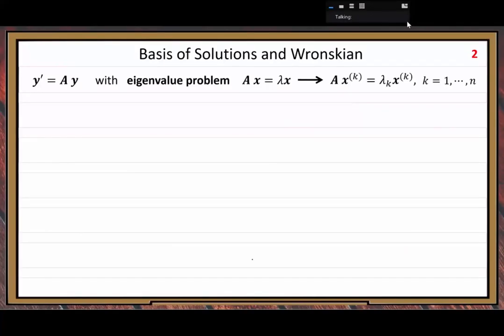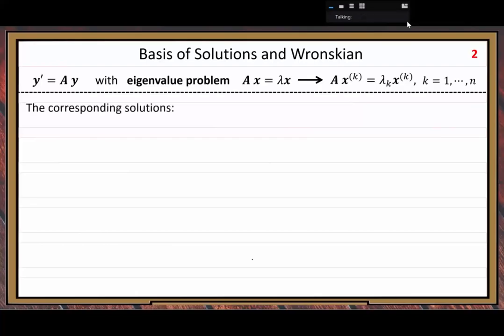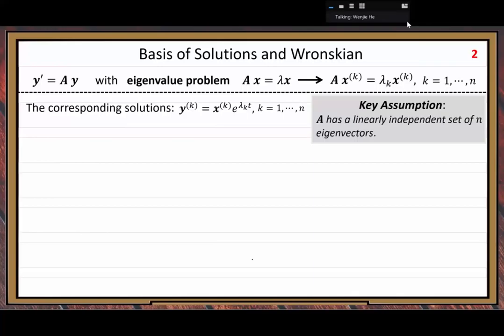So here, not just n different eigenvectors, but n linearly independent eigenvectors, we need. Then we want to represent our general solution. So our key assumption: A has a linearly independent set of eigenvectors.